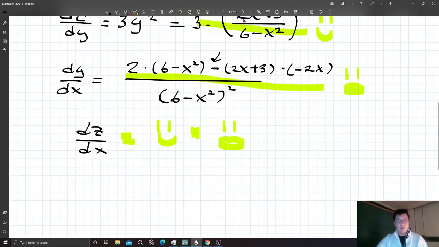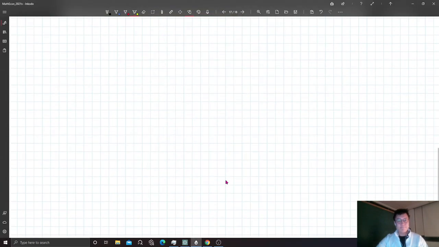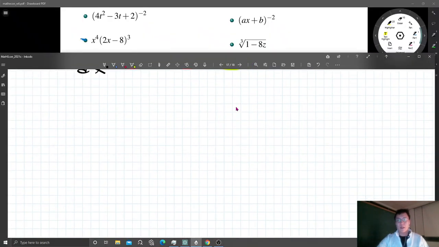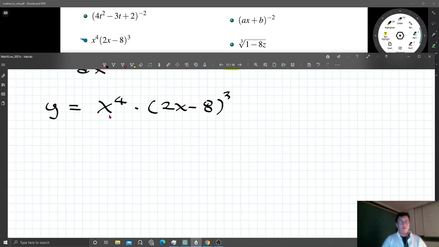So here, y is given by x to the power fourth times (2x minus 8) cubed. Regard this as the first function f of x, and this one is the second function g of x.